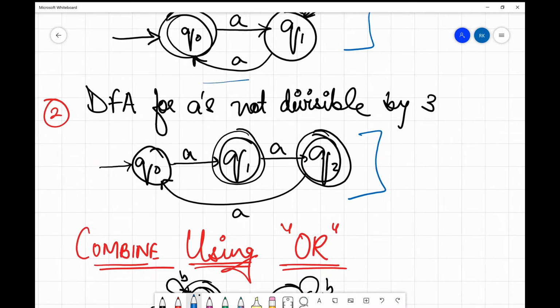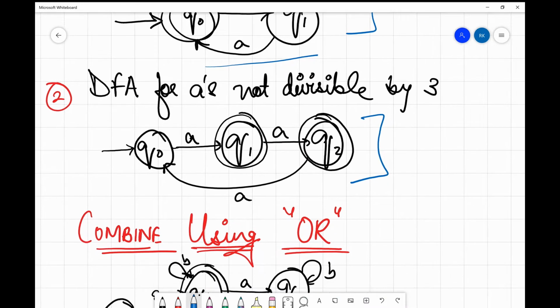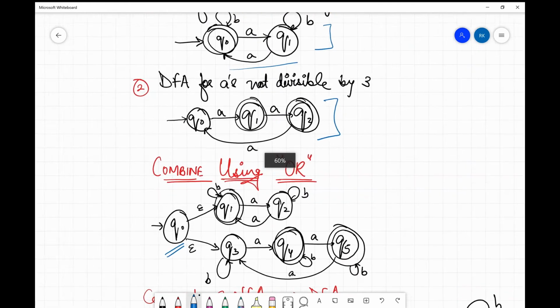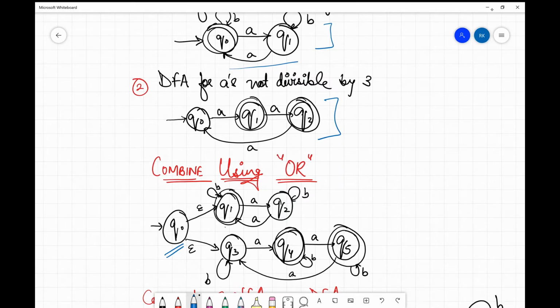See, this is the first DFA, this is the second DFA. And if I just minimize it a bit, this is the first DFA over here, this is the second DFA, and I have just combined them using a new state Q naught and epsilon moves. So there is a possibility that I might go over here or over here. Any of these could be the initial state, Q1 or Q3.